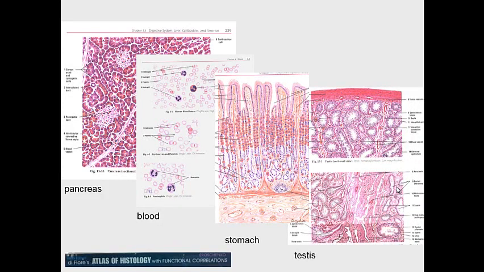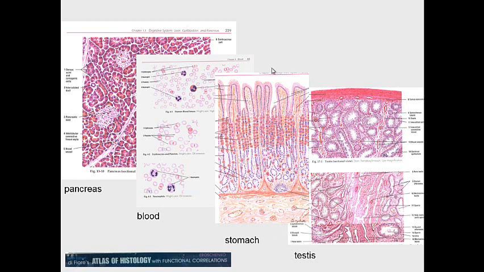These are the four basic specimens that we'll be looking at today as we talk about microscopy. One is the pancreas, and we can see pancreatic acinar cells that produce pancreatic enzymes, and in here the lighter staining are the islets of Langerhans that produce insulin. Here we see blood cells of different types. There's eosinophil, neutrophil, red blood cells, different blood cells that we'll see.